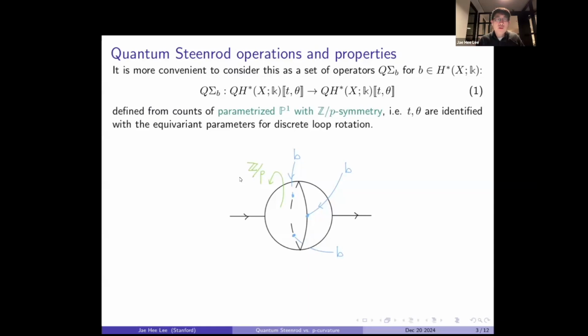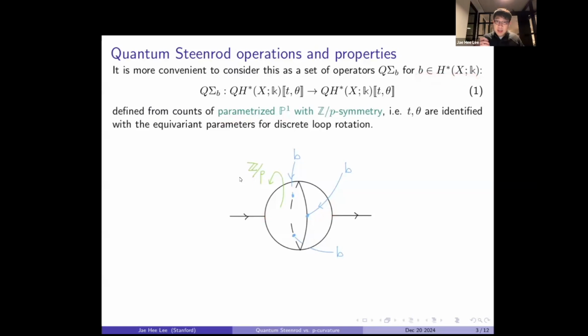For the quantum Steenrod operators, the relevant curve is a copy of a parametrized P1. This has one input marked point and one output marked point at the two poles of the P1, and p marked points along the roots of unity, which all carry this instance constraint that they should pass through cycles that are represented by this class B that you started from.